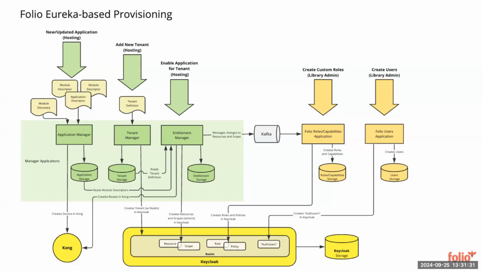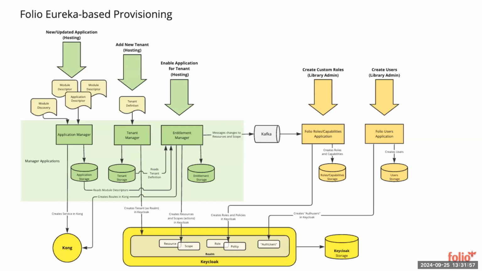When we have tenant and application descriptors, we can entitle application for a particular tenant, and our tenant entitlement service is responsible for doing it. It also communicates with its own database, but as well, it sends requests to Concord for populating roles.